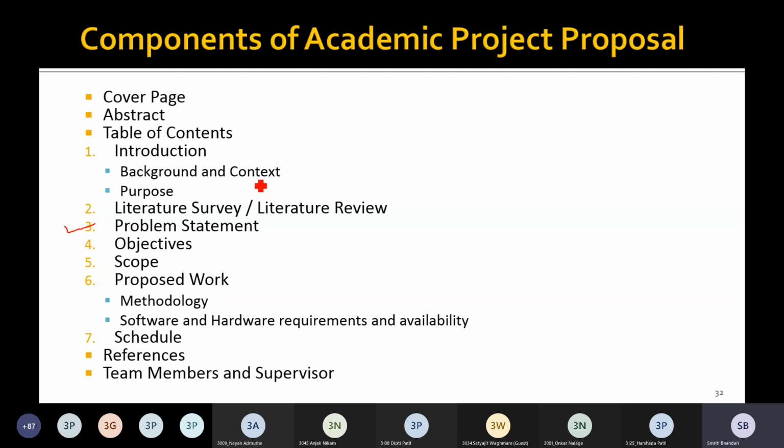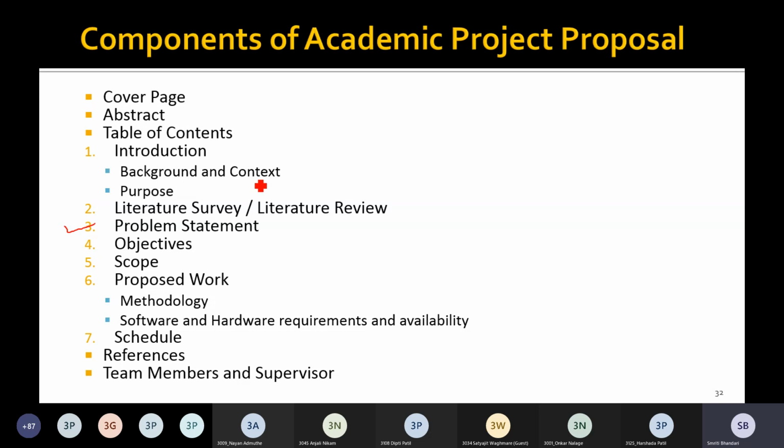We try to find out what method is being used by, say, reference number 1, what method is used by, say, reference number 2, and so on. We list out the pros and cons of these methods. Whatever are the limitations of these methods, we need to focus upon. And after such kind of a comparative study, we proceed further. Okay, so later on we write down the problem statement.